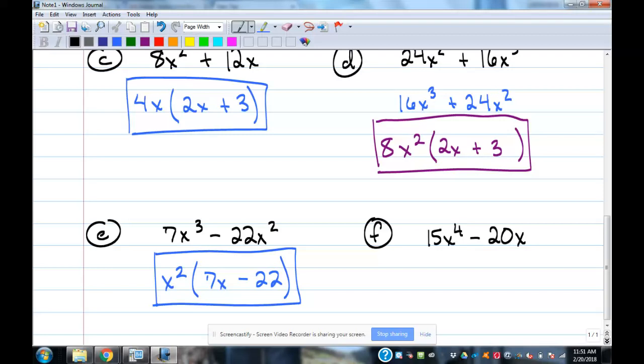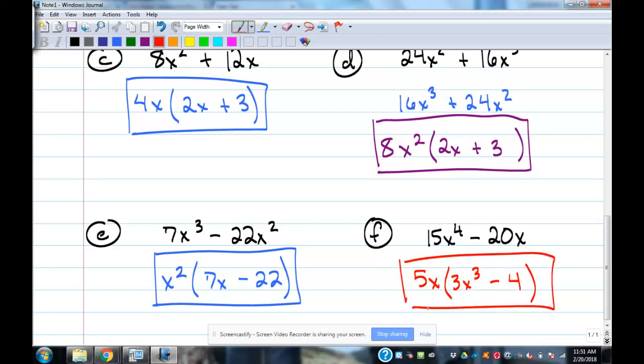Still biggest to smallest. What's the GCF? 15 and 20 have 5 in common. How many x's do they have in common? 1 x in common. What's that going to leave in parentheses? There you go. Good job. 3x cubed minus 4.